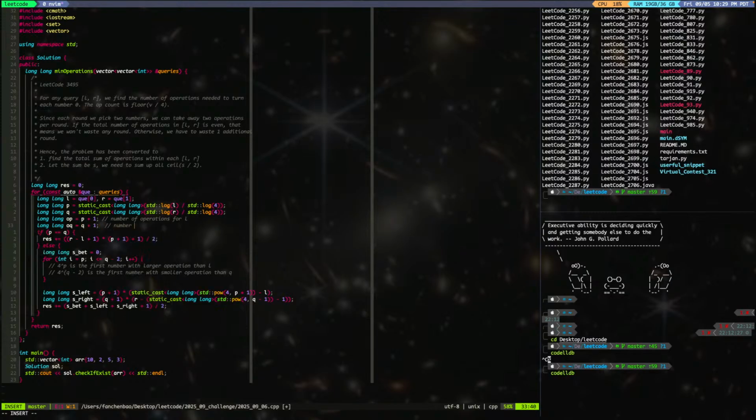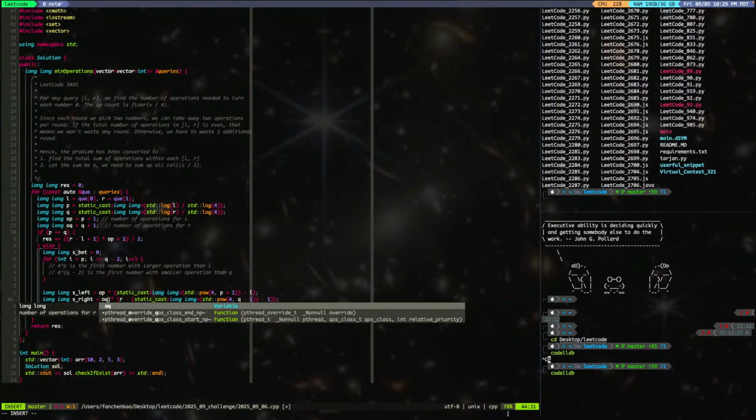Right, this is a number of operations for R. So now we can say when P and Q is the same, this is OP, and this is OP as well. But here I will leave it as P plus 1. And this is going to be OQ.